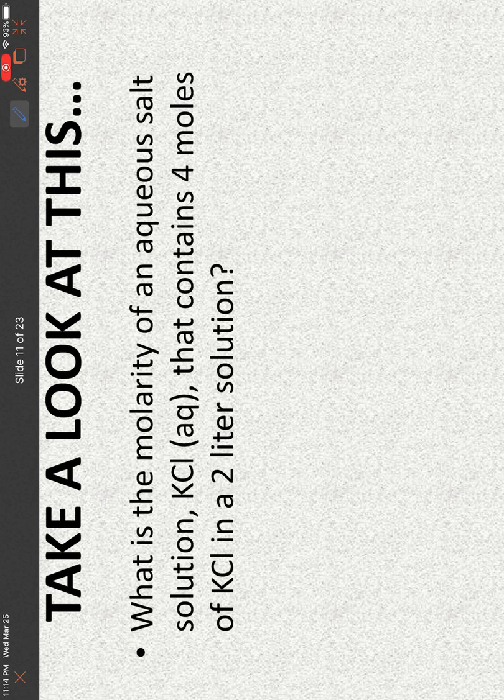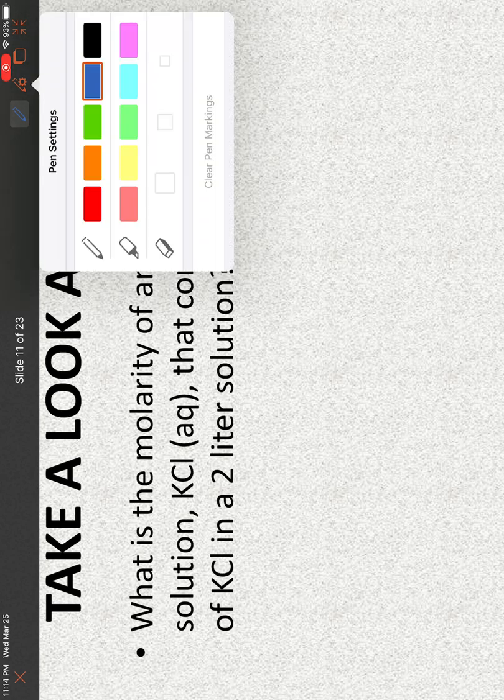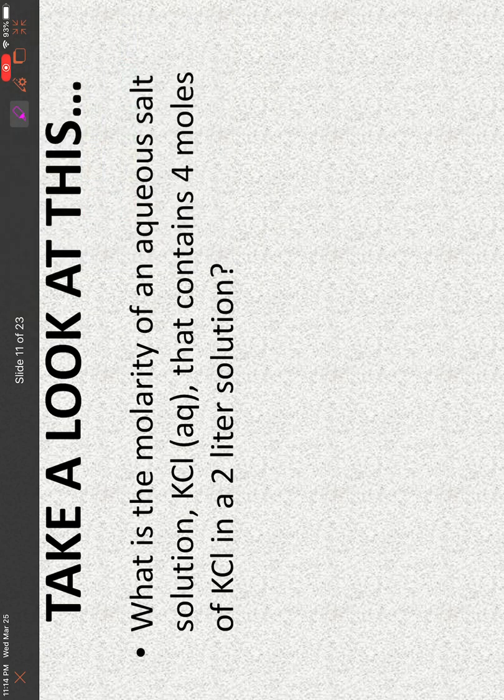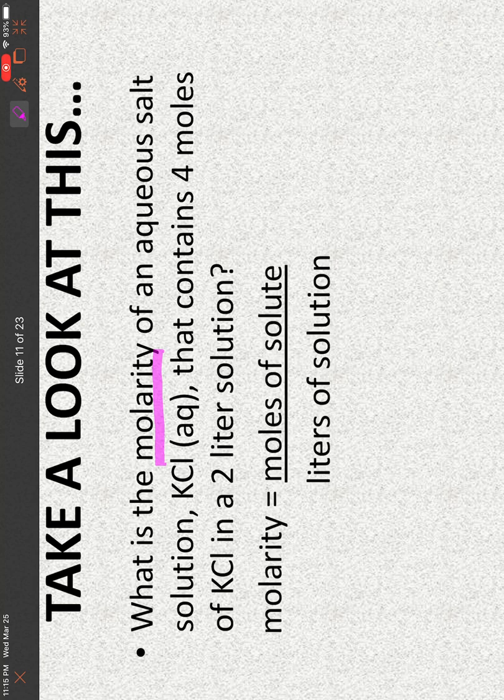Here's a question. What is the molarity of an aqueous salt solution, KCl, that contains 4 moles of KCl in a 2-liter solution? So, right away, they're asking about molarity.